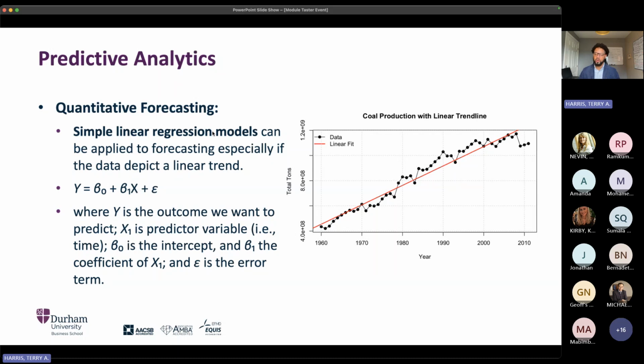So we have a simple regression model which we can use if our time series, our data set, exhibits a trend. Here we have an increasing trend. Coal production is increasing in total amount as the years increase. So this is a positive relationship, and we show how to build models like those.